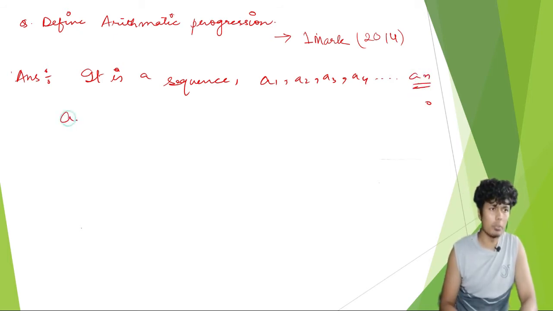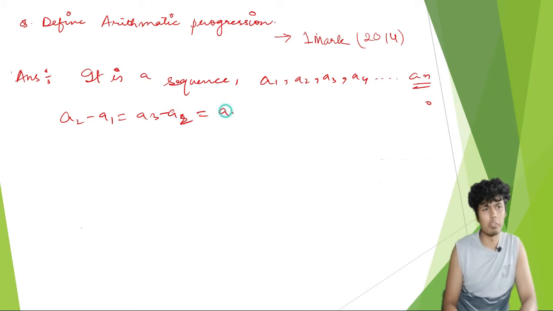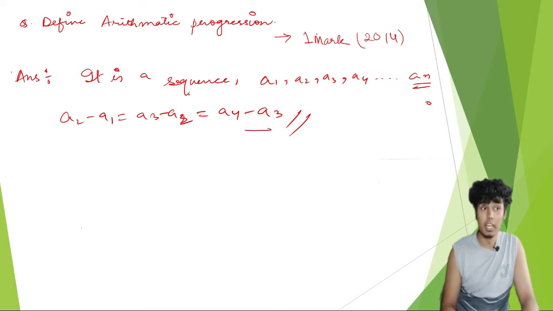Then A2 minus A1 must be equal to A3 minus A2, which must be equal to A4 minus A3. This is an arithmetic progression: the sequence whose second term minus first term must be equal to third term minus second term, and so on.